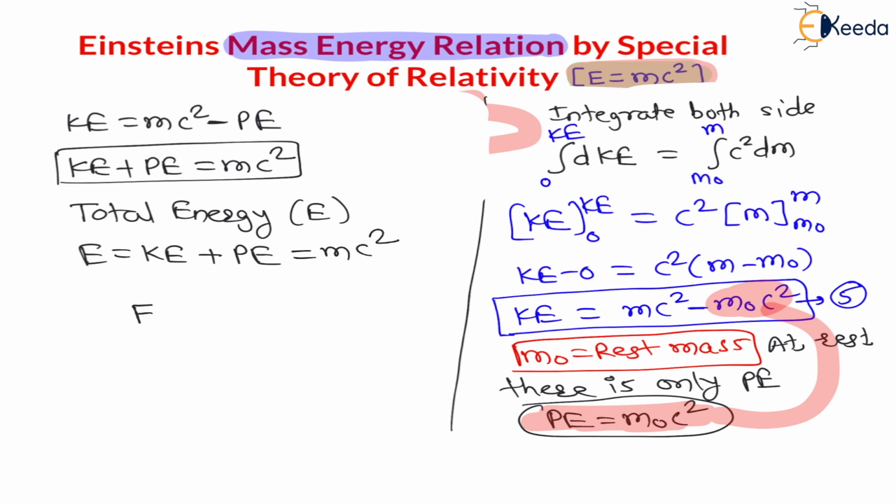Therefore, this E equals mc square is always valid. Very important relation. From this relation we can say energy and mass are convertible. Energy can be converted into mass, and mass can be converted into energy.